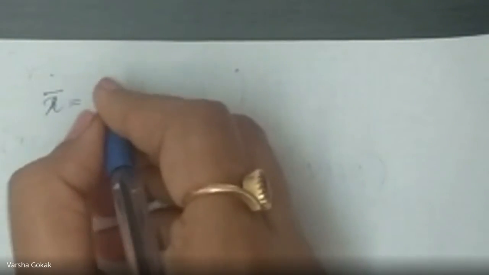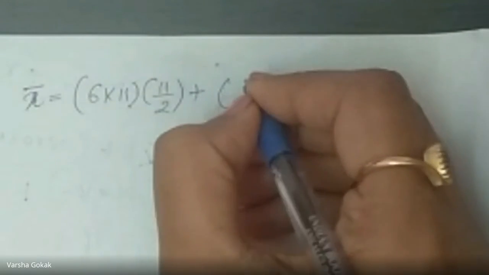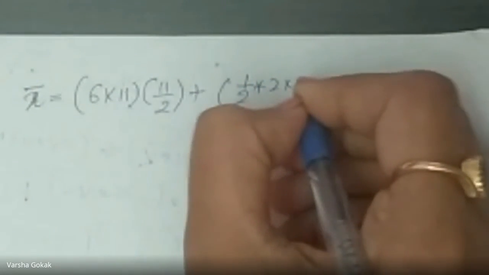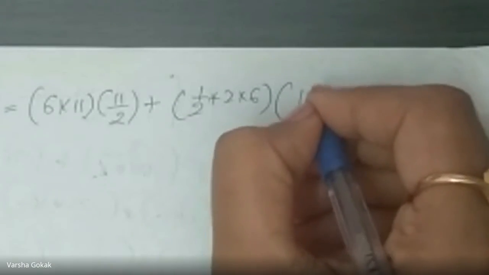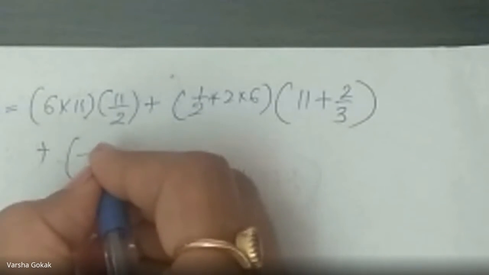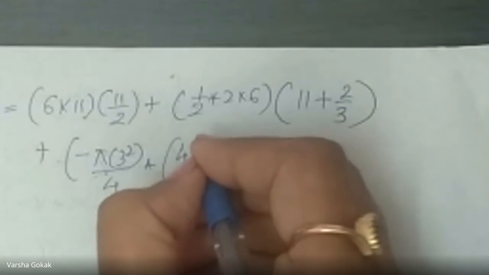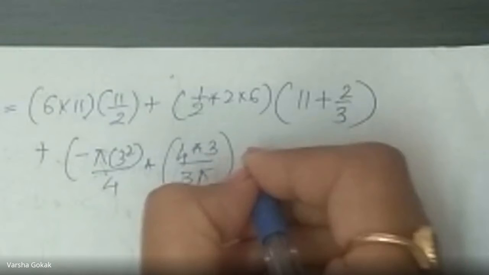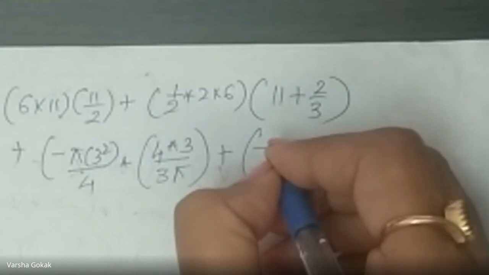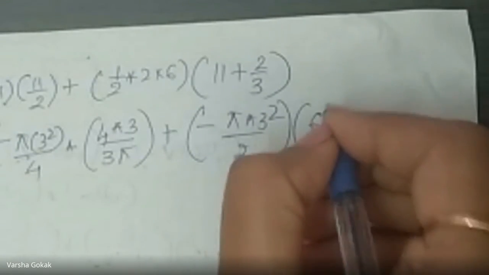So x bar is given by a1 x1. a1 is 6 into 11, x1 is 11 by 2. Then a2 x2. a2 is half into 2 into 6, x2 is 11 plus 2 by 3. Then a3 x3: minus pi into 3 square by 4 into x, which is 4 into 3 by 3 pi, plus a4 x4. a4 is minus pi into 3 square by 2, x4 is 6.